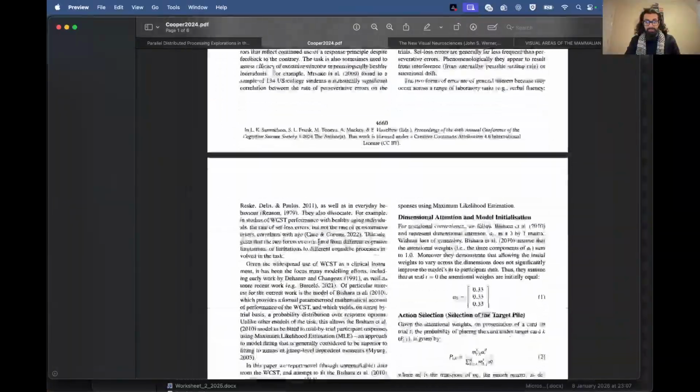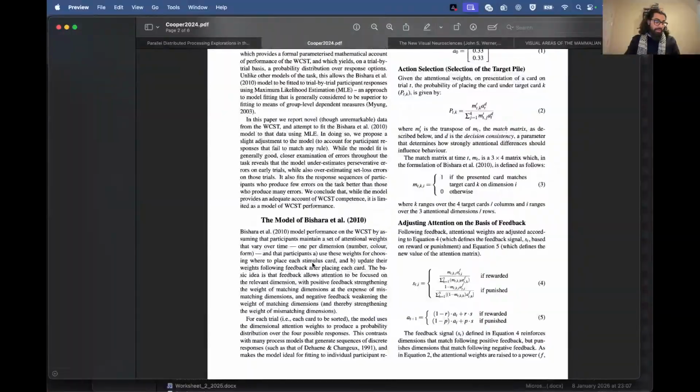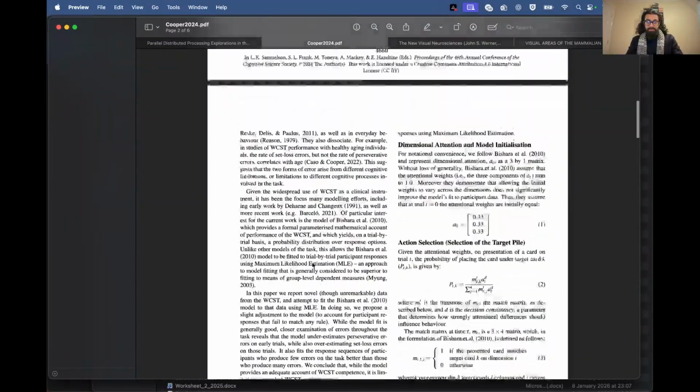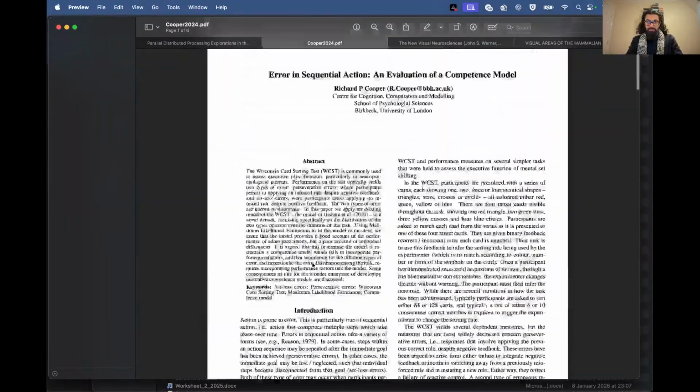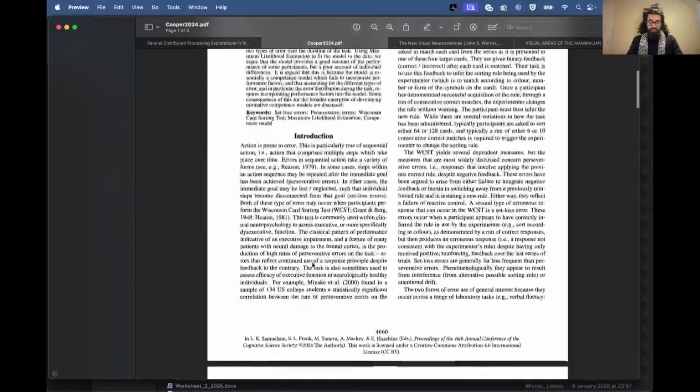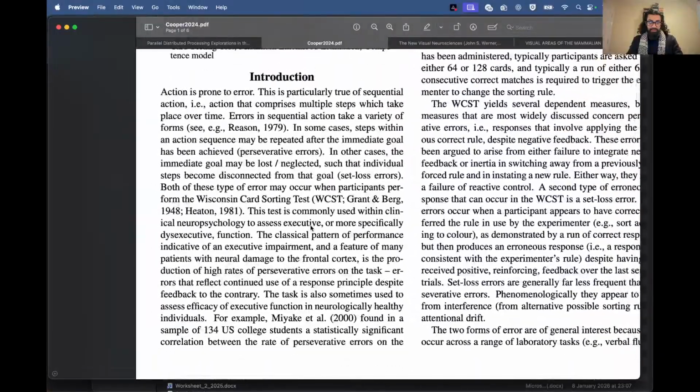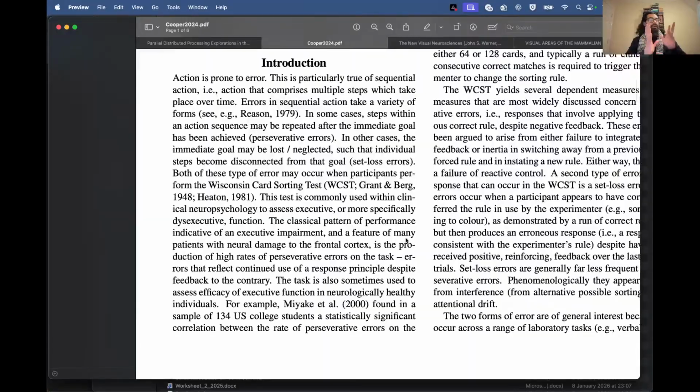Rick is one of my favorite researchers, and I've had the pleasure of studying with him and working with him in an academic setting. He's really good at taking complicated things and making them brief. Anyway, action is prone to error. This is particularly true of sequential action that comprises multiple steps which take place over time.